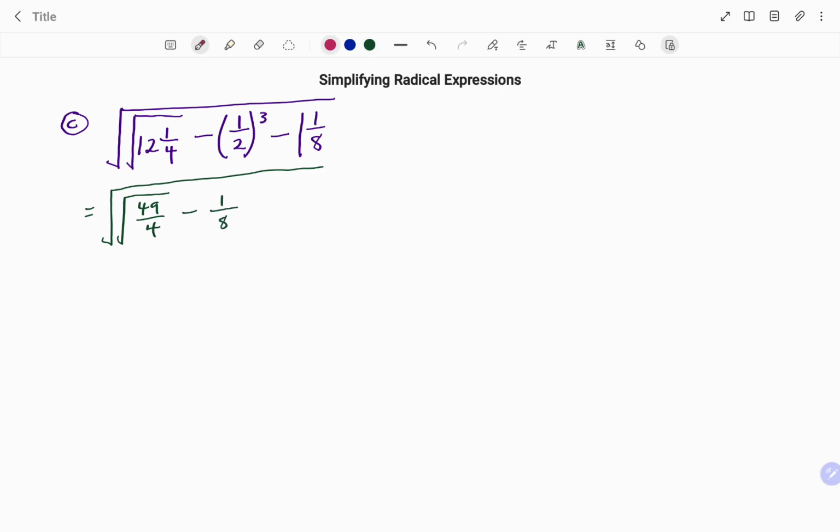Remember, if I have a over b to the power of x, that is the same as a to the x over b to the x. Likewise, the root of a over b is the same as the root of a over the root of b. So therefore I have minus 1 over 8, and 1 1 over 8 is 1 times 8 plus 1, 9 over 8.